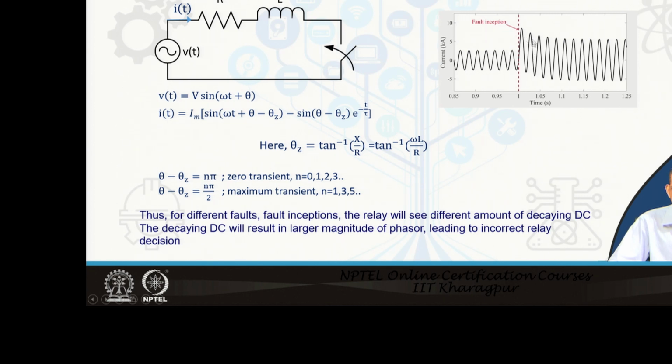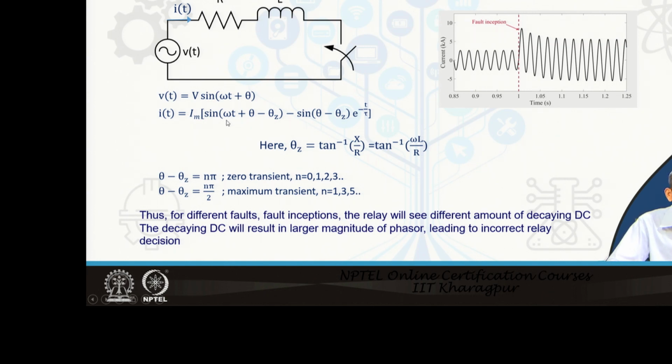Then we have a current signal like this, which in steady state is sinusoidal only. In this transient period, it has a decaying DC component in addition to the sinusoidal part. With large time t, this part vanishes and becomes 0, so it no longer contributes to the signal.